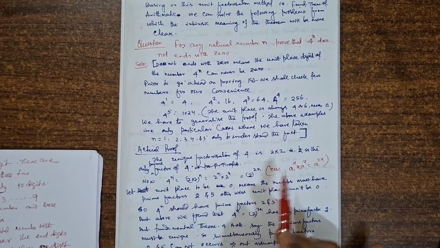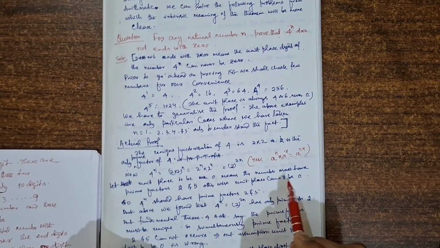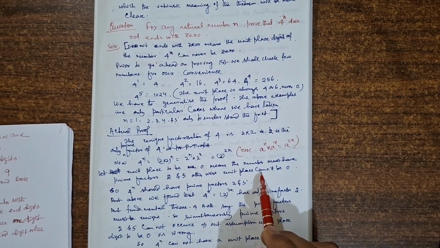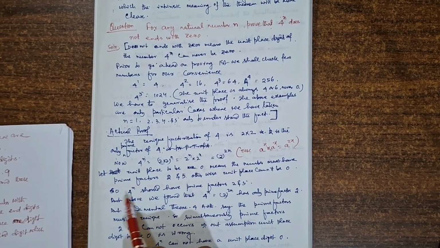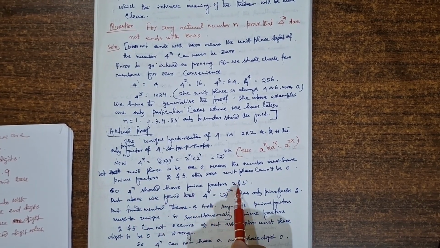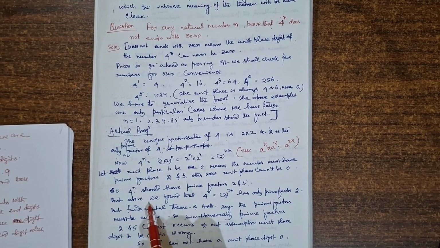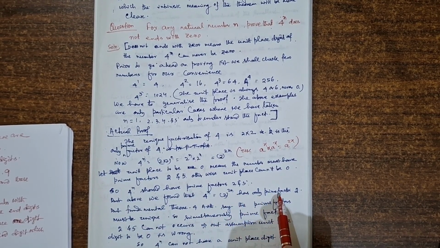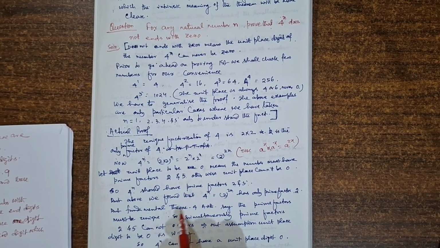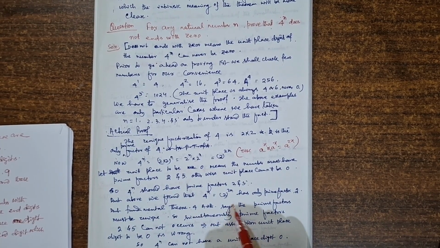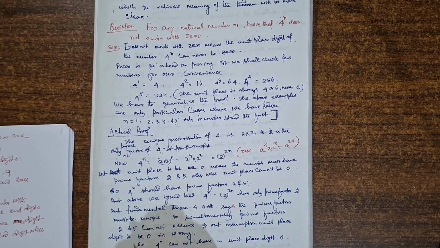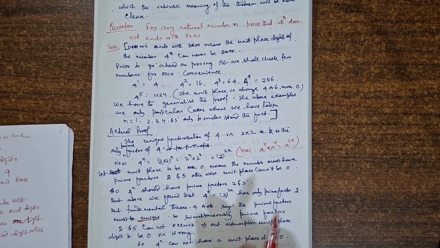Let the unit place be 0. That means the number must have prime factors 2 and 5, otherwise the unit place cannot be 0. So 4 to the power n should have prime factors 2 and 5. But above we found that 4 to the power n is equal to 2 to the power 2n, with only prime factor 2. But the fundamental theorem of arithmetic says the prime factorization must be unique. It is the most fundamental thing, unique.